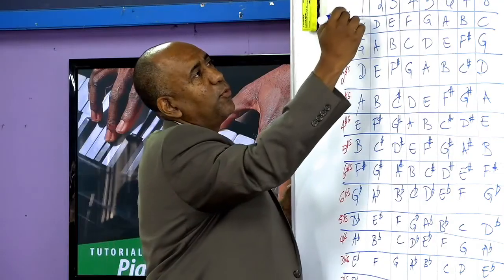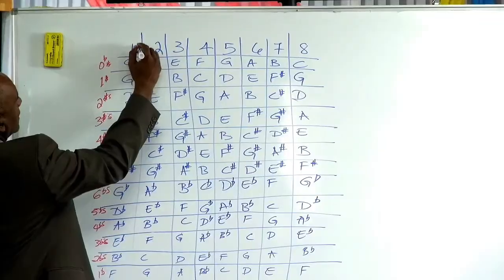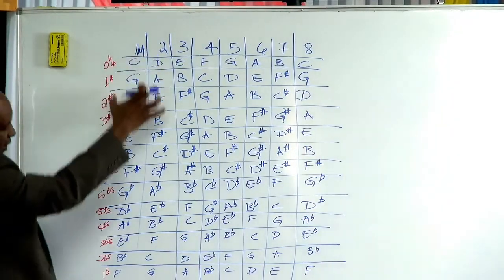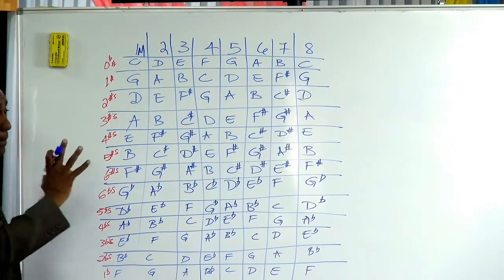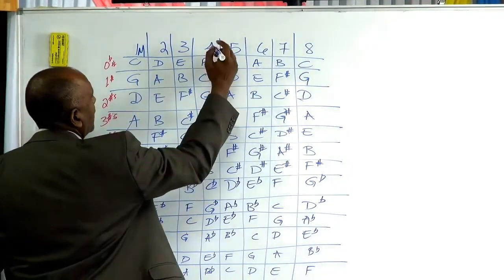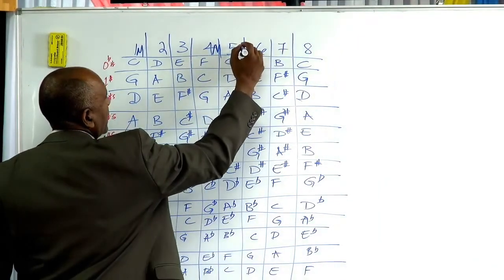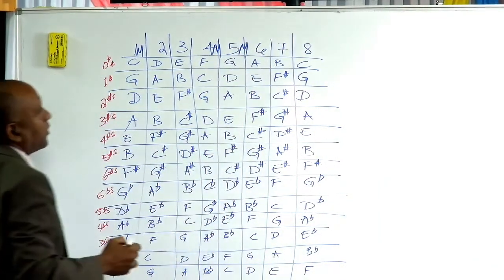I'm going to use blue for major. So in the first degree of the scale, major chord. The fourth degree of the scale, major chord. Fifth degree of the scale, major chord.